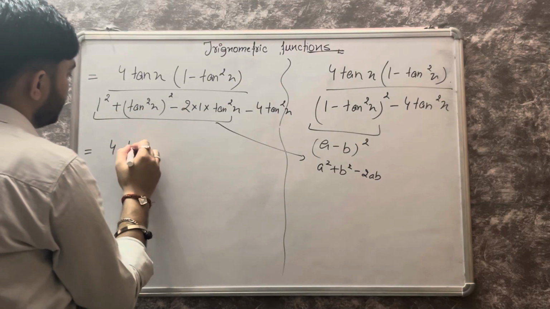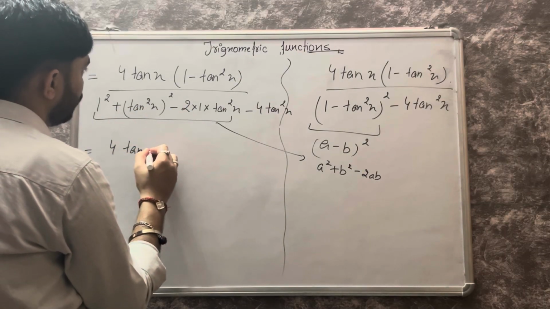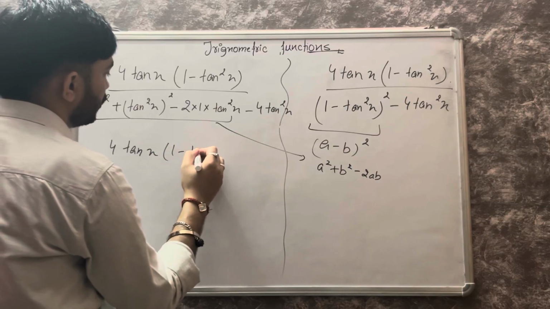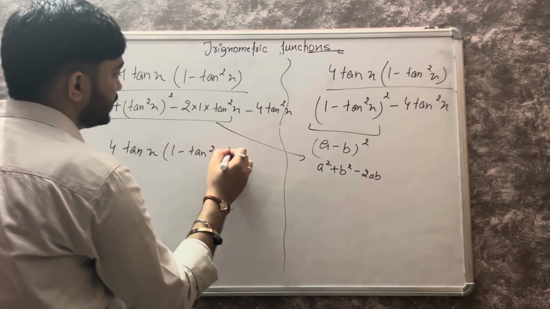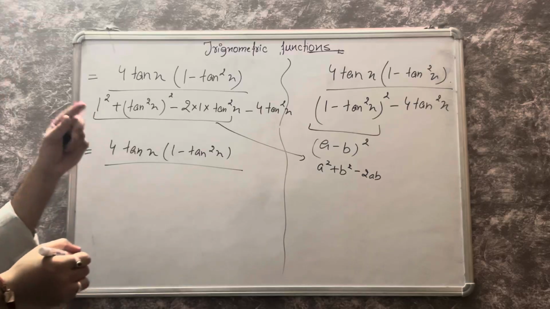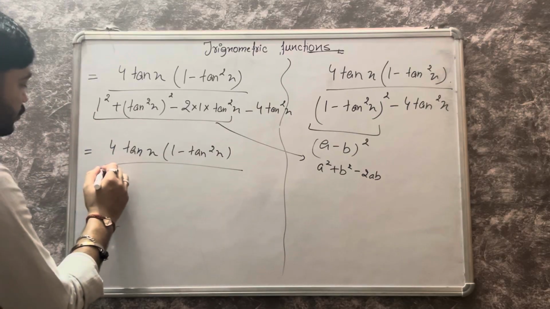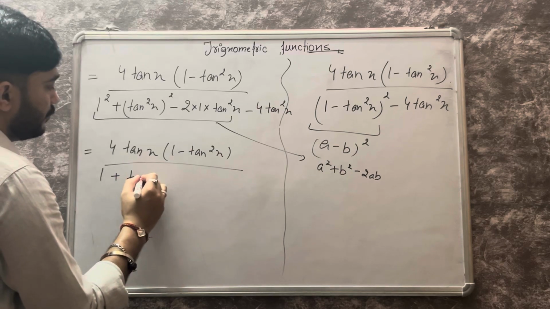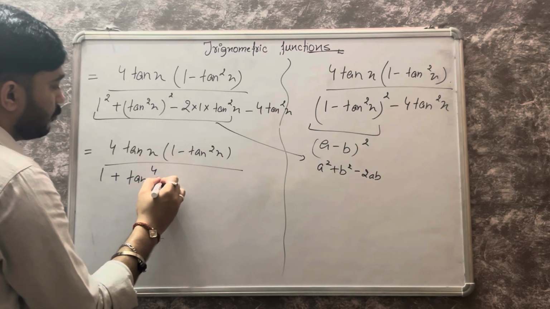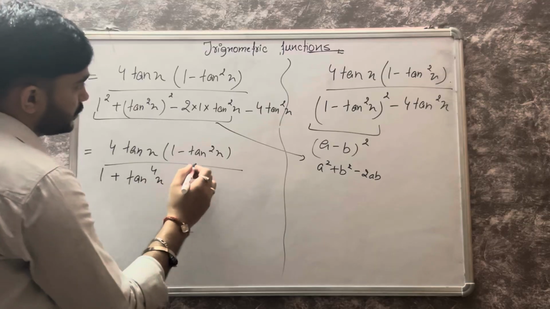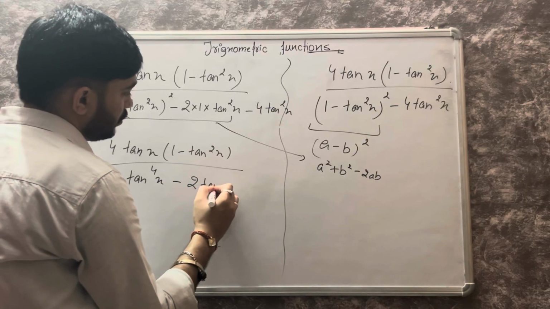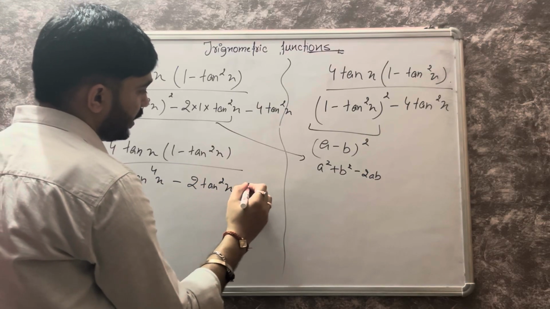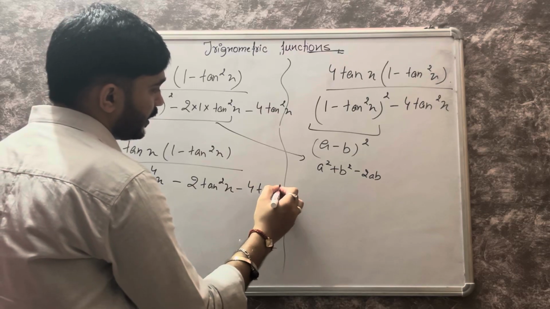Now since we have already gotten the numerator required in the answer, we are going to write it as it is and solve the denominator here. 1 square is 1 plus power is going to be multiplied, so we will get 2 into 2, that is tan of 4x minus 2 tan square x minus 4 tan square x.